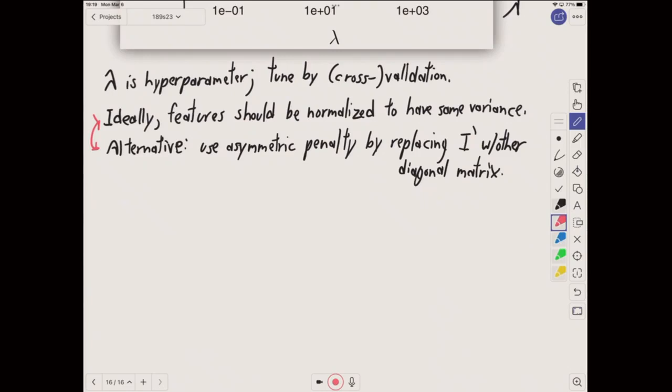Depending on your data, different monomials of different degrees may need to be penalized differently. And so that's something you might want to keep in mind if you ever try to use, say, a quadratic regression function to interpolate your data. Any questions about that?